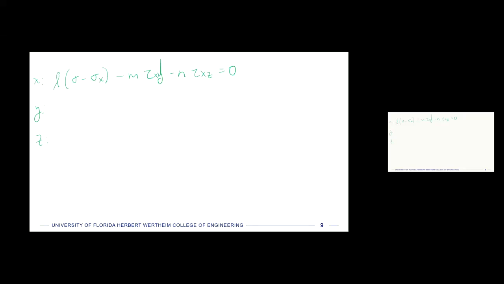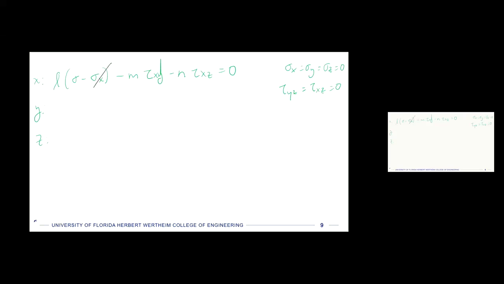So sigma x, sigma y, sigma z, those all were 0, and tau yz and tau xz were 0. And all we had was tau xy. So if we simplify those expressions down, the first one becomes, I'm just going to do a cross out here.